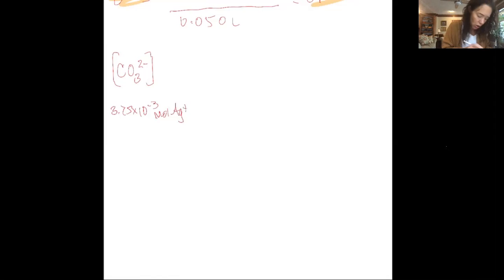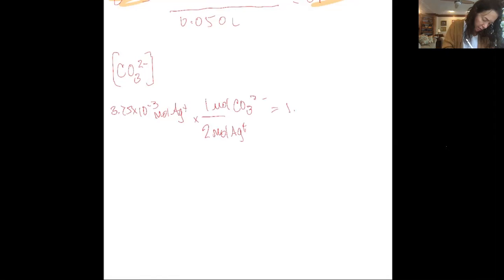I don't know how much carbonate reacted. I know how much I had. I know that every 2 moles of silver required 1 mole of carbonate. All right. Therefore, half of this reacted. 3.75 divided by 2 is 1.875. You should be putting this in your calculator too. Don't depend on me.